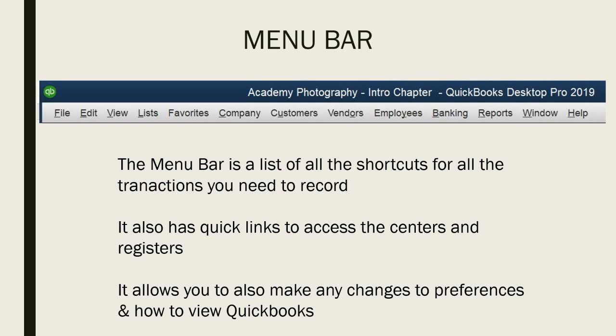It will also list out all your registers and all of your centers. It's where you can drop down the menu, scan through the items, and select what transactions you need to be done. So in this case, this is the menu bar. It's where you can access almost all the shortcuts, transactions, vendors, centers, registers, and so on and so forth.